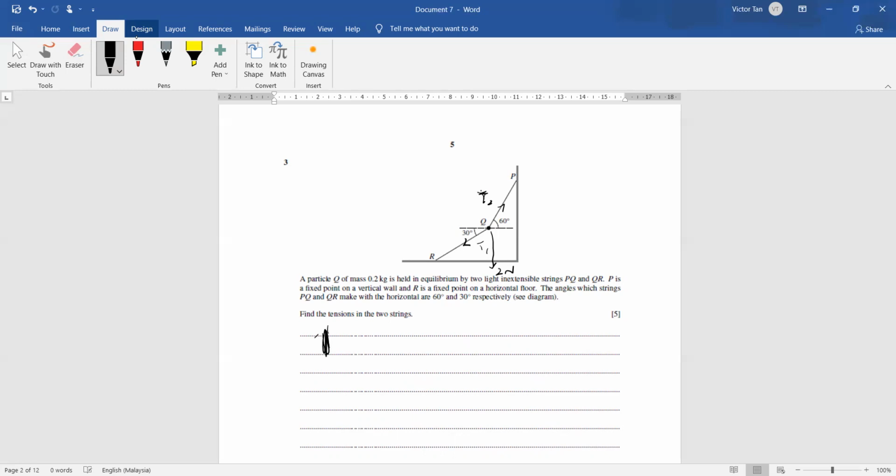Resolving vertically, going downwards will be 2 plus T1 sine 30 degrees. This one resolved downwards will be equal to this one resolved upwards, equal T2 sine 60 degrees.